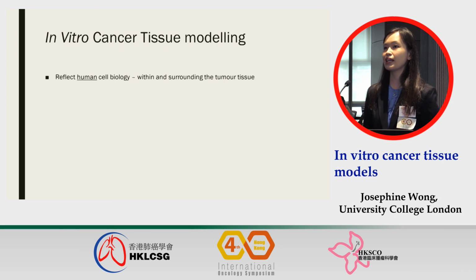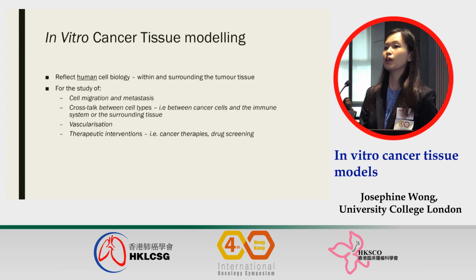When this is translated into in vitro cancer tissue modeling, we first want to make sure that it reflects human cell biology within the tumor tissue itself and also the surrounding tissues, which play a part in cancer progression, for example, the vascularization, stromal cells and immune cells.